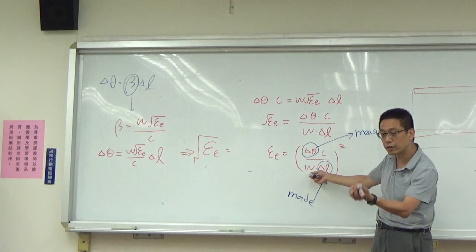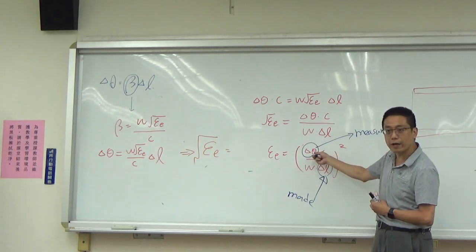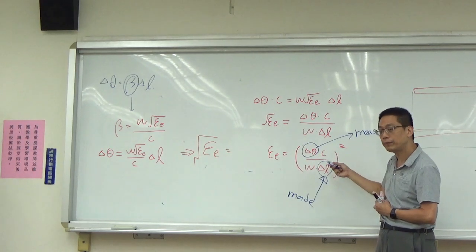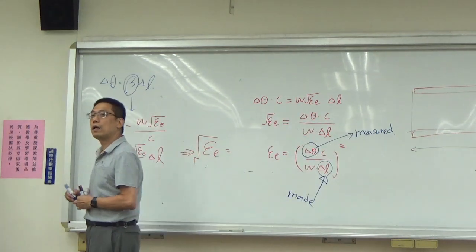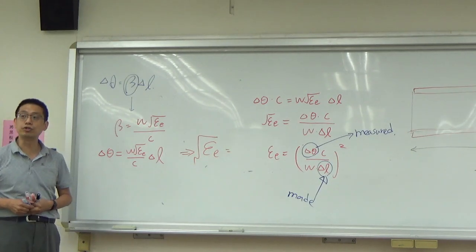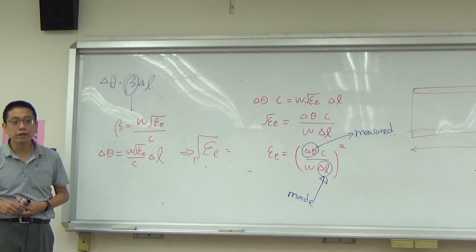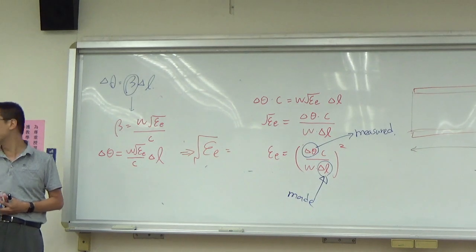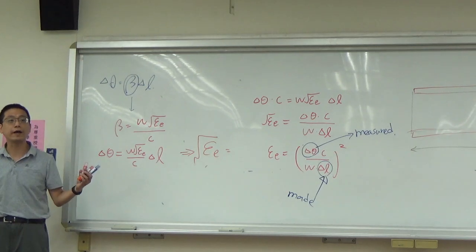So I know all of these, and then the effective dielectric constant can be measured. This is a very fundamental method to measure epsilon E of the microstrip line.